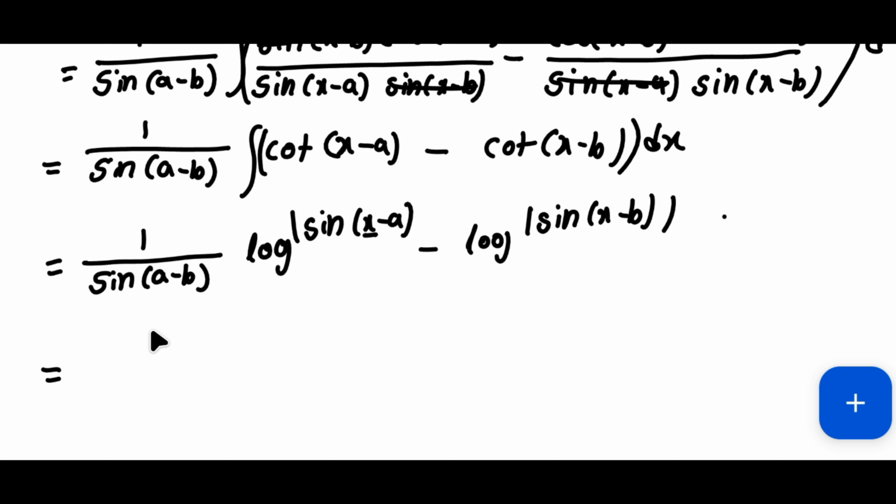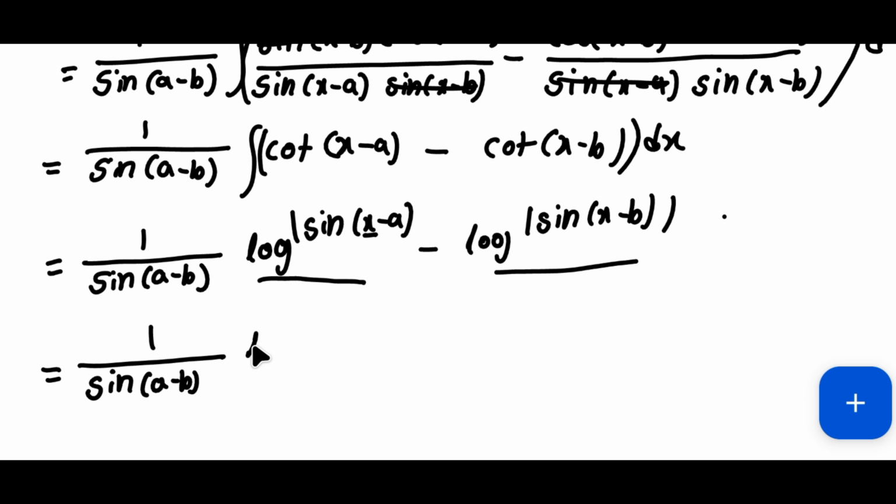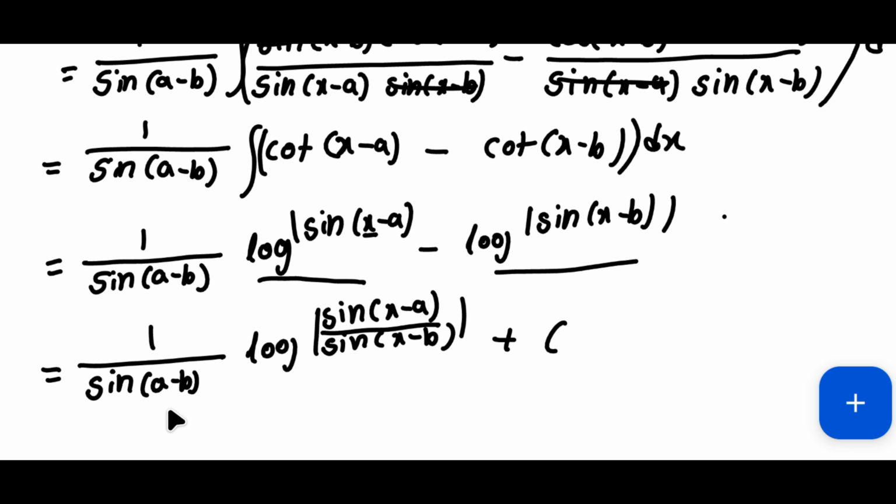Now this is equal to 1 by sine a minus b. Using log x minus log y equals log of x by y, logarithm of sine x minus a whole by sine x minus b, whole integral plus c. It is our output.